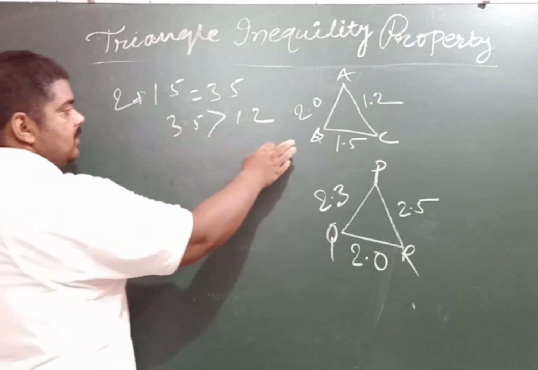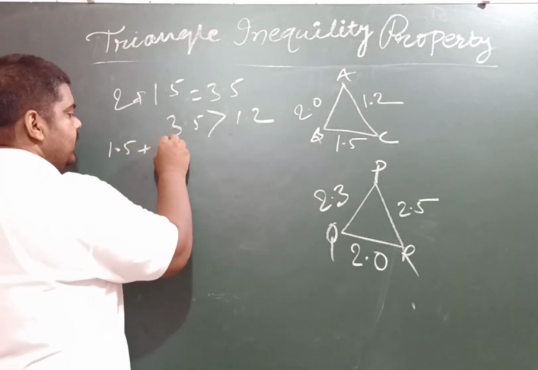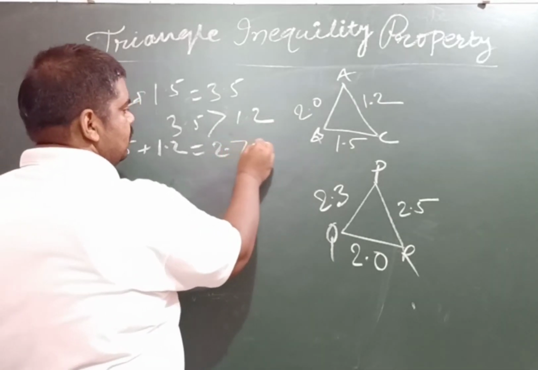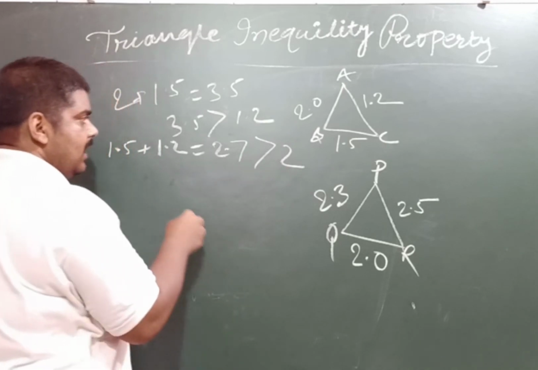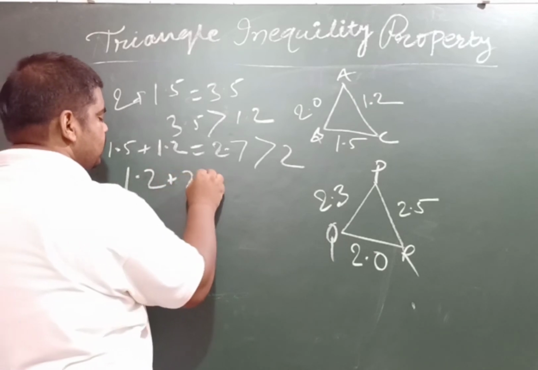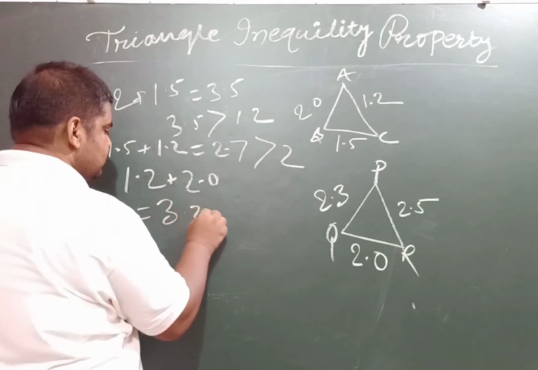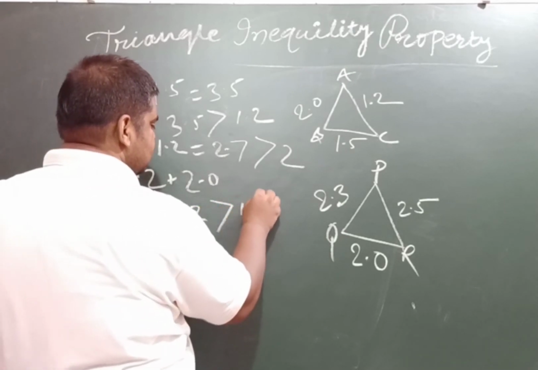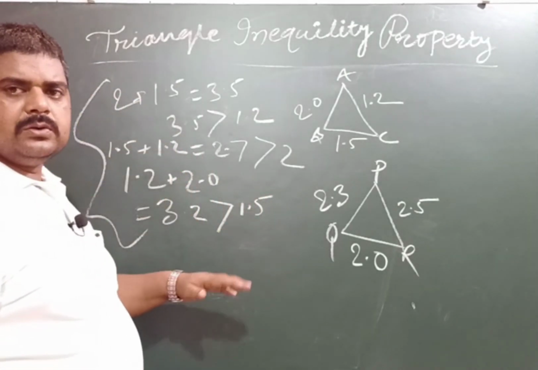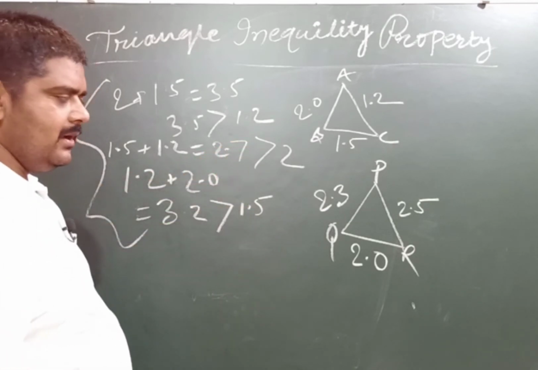Similarly, check the second one, 1.5 plus 1.2 is 2.7, and 2.7 is greater than 2. Similarly the third case, 1.2 plus 2.0 is 3.2, and it is greater than 1.5. So the first one follows the triangle inequality property, and so it is a triangle.